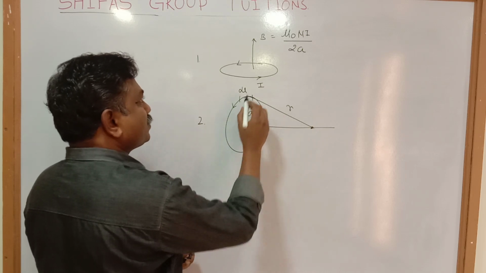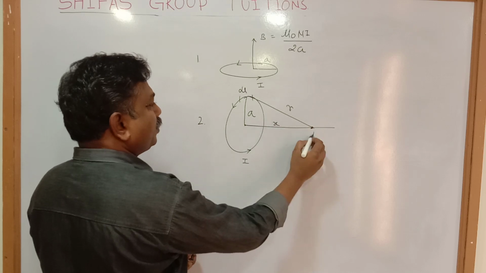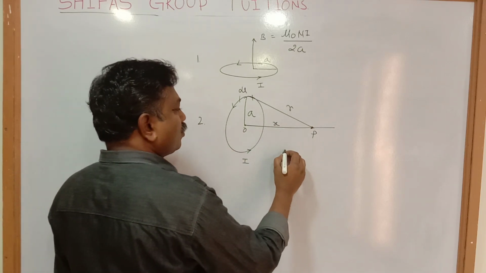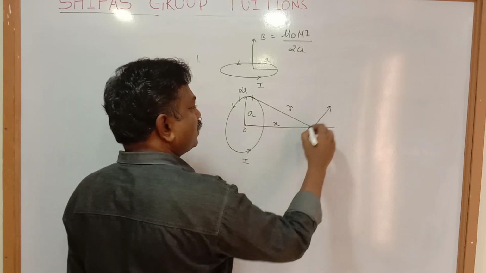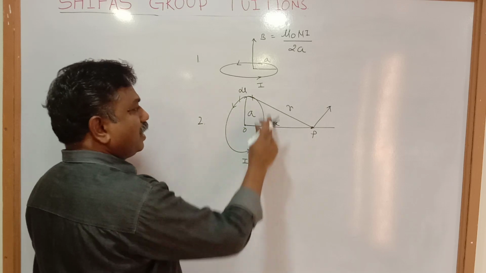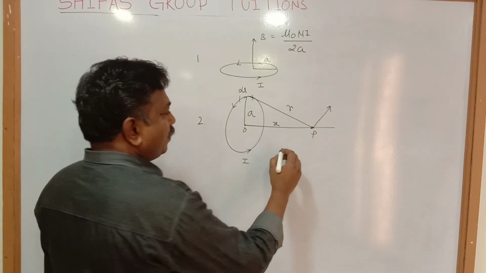A is the radius, x is the distance of the point P from the center O. The formula gives the strength of magnetic field at point P due to the small element dl and the current I passing through this circular wire.